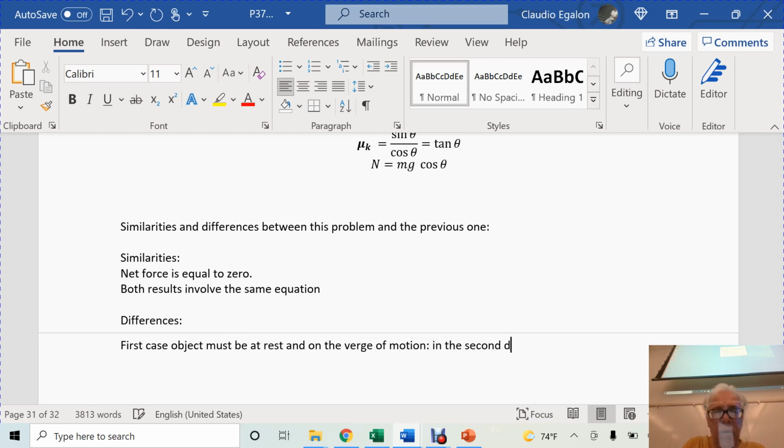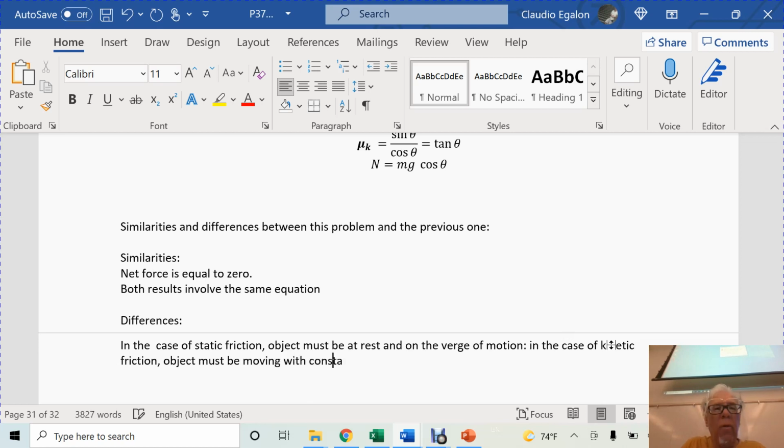In the second case, let's put in the case of static friction, object must be at rest and on the verge of motion. In the case of kinetic friction, object must be moving with constant velocity.